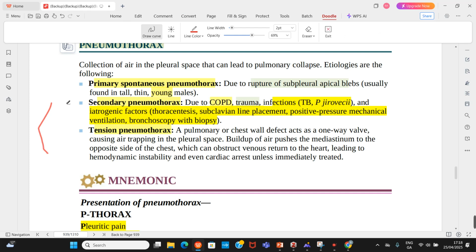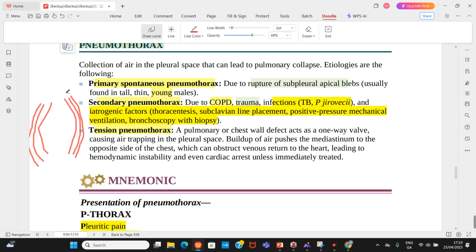So if this is a lung and this is the pleural lining of the lung, this is the pleural space, because it has to be two linings. So we have the visceral lining, and the parietal lining outside.